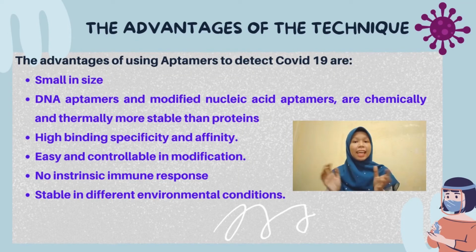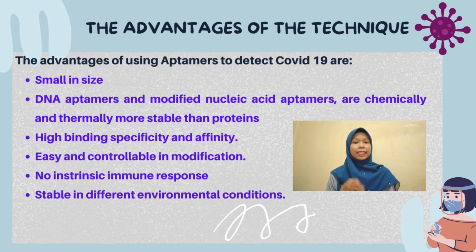In addition, let's go into detail about the advantages of using aptamers to detect COVID-19. Firstly, small in size, so it is able to bind with more recognition molecules. We can say that it has high target potential.